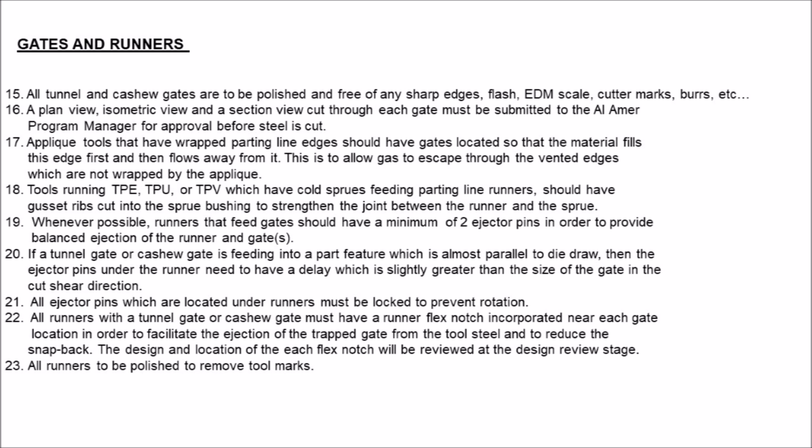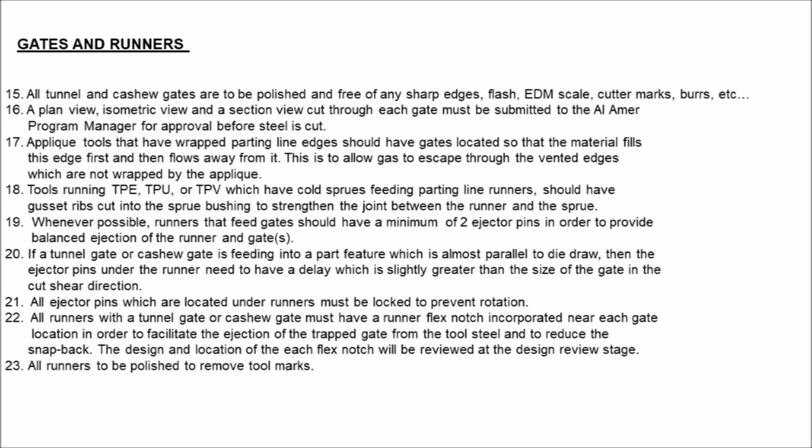A plan view, isometric view, and a section view cut through each gate must be submitted to the Amer program manager for approval before steel is cut. 17. Applique tools that have wrapped parting line edges should have gates located so that the material fills this edge first and then flows away from it. This is to allow gas to escape through the vented edges, which are not wrapped by the applique.